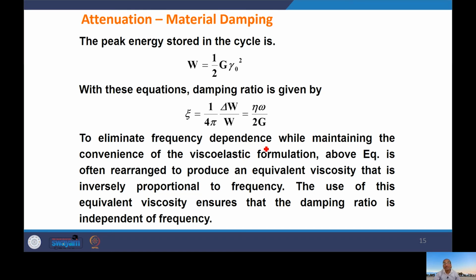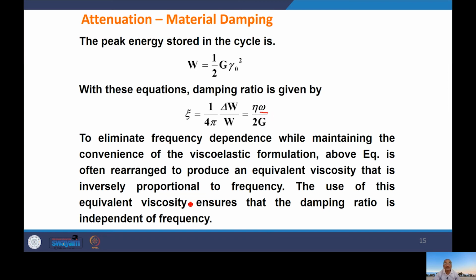To eliminate frequency dependence while maintaining the convenience of the viscoelastic formulation, the above equation is often rearranged to produce an equivalent viscosity that is inversely proportional to frequency. Here, the damping ratio is dependent on eta omega, where omega is the frequency of excitation.